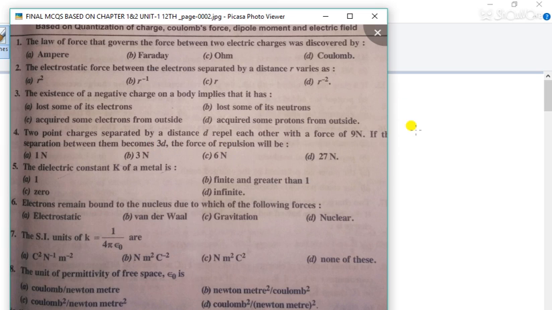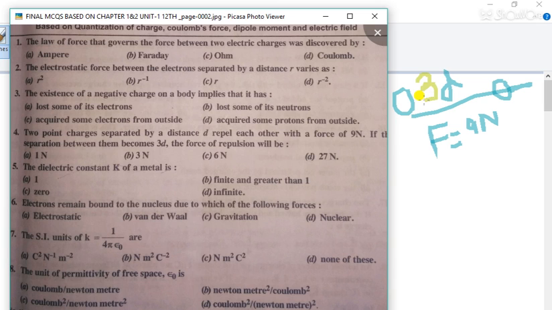So students, here the question is, two charges are there and the distance between them is d, and if the distance is increased to 3d, in this case the force is 9 Newton. As we know, the force is inversely proportional to the distance square.